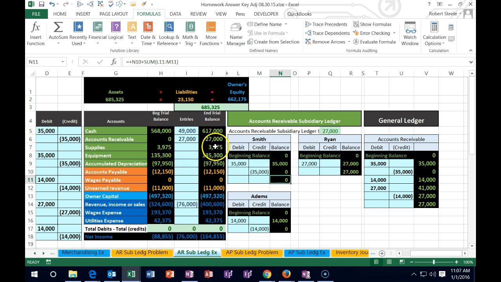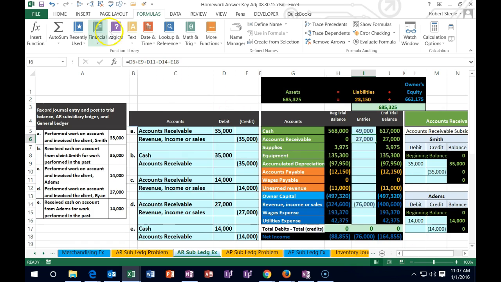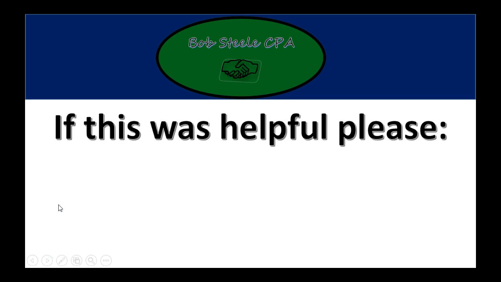And of course, we can see the summary of that same activity in the trial balance by just taking a look at what is being included here. So debit making it go up, credit making it go down, debit making it go up, debit making it go up, credit making it go down.